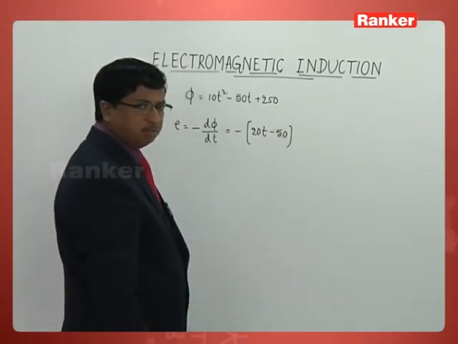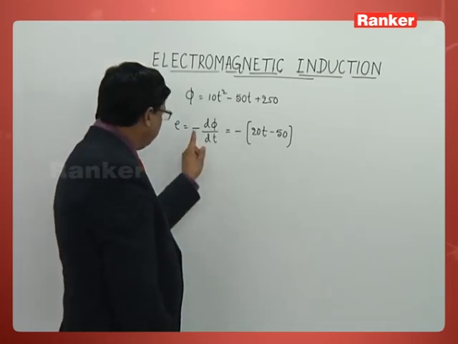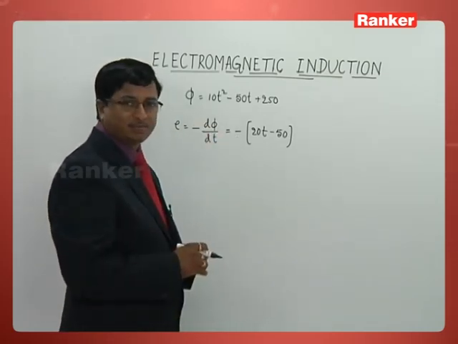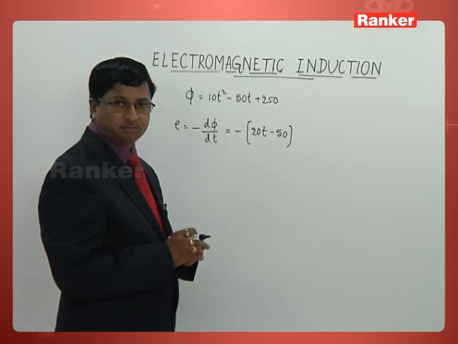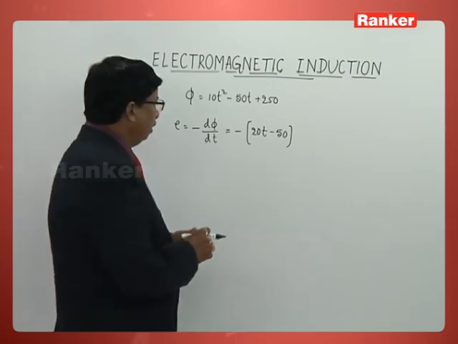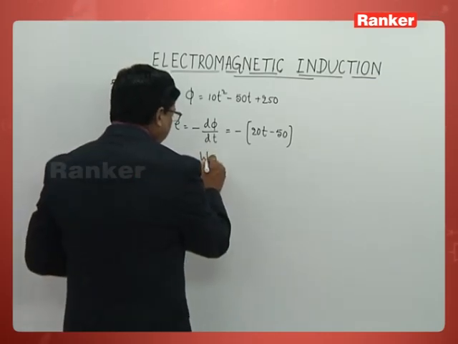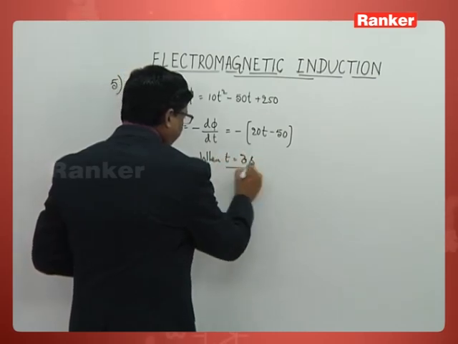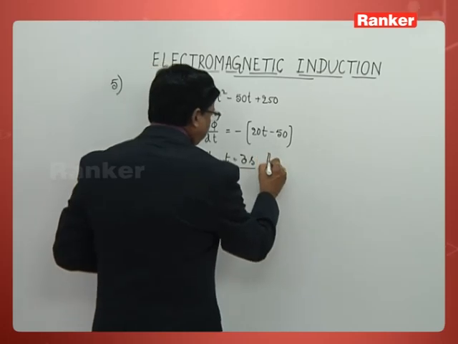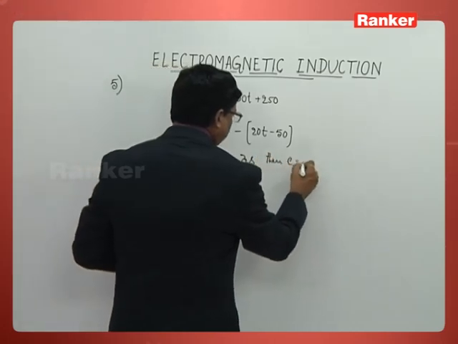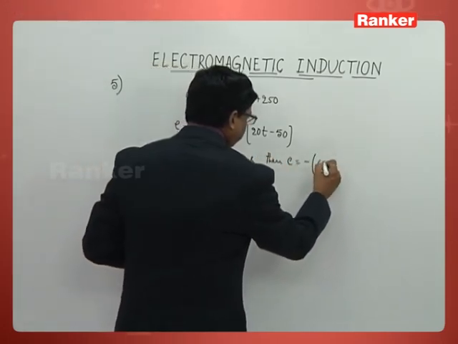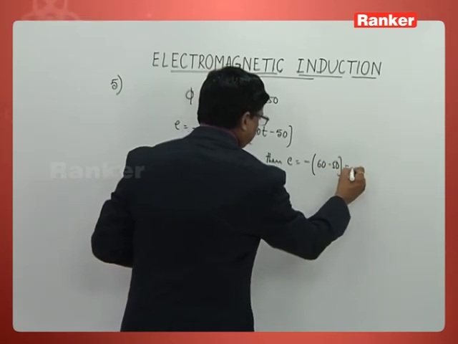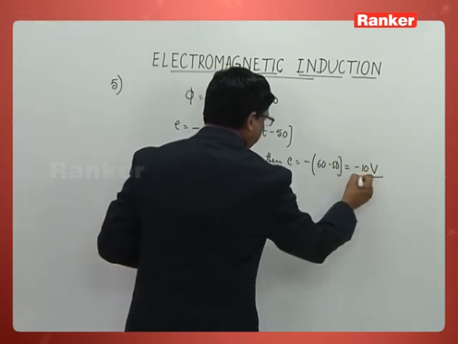Very simple concept, there is nothing in that. Except this negative sign's importance, there is nothing else that one should remember. Now when time given over here is 3 seconds, then you can directly write E is equal to minus of (60 minus 50), which now becomes minus 10 volt.